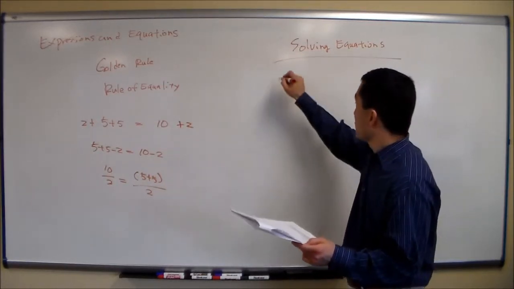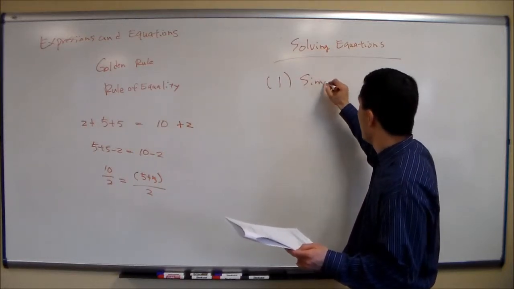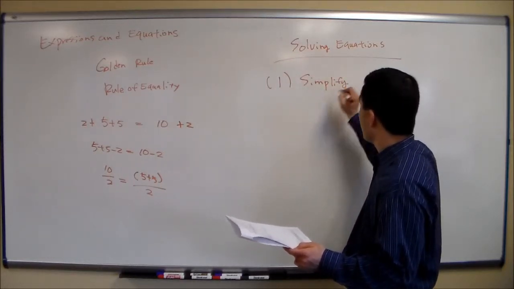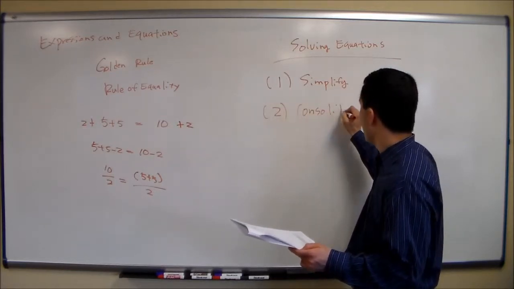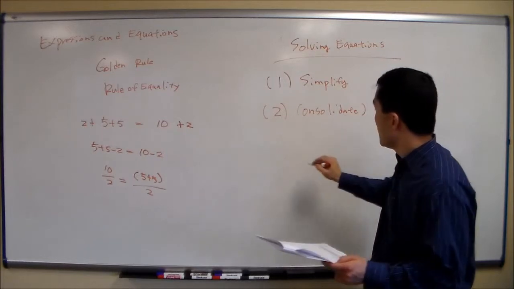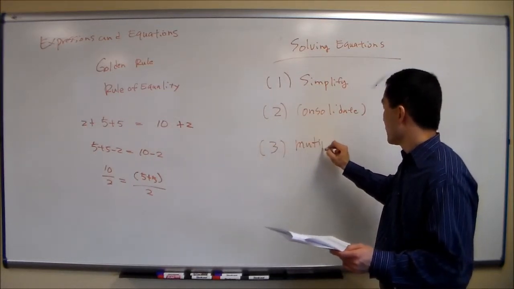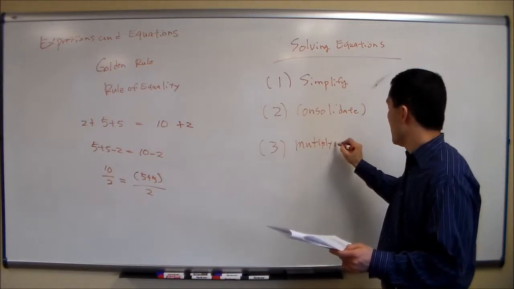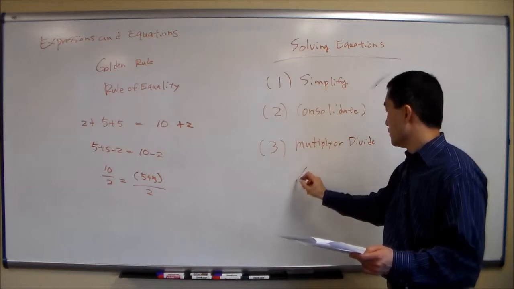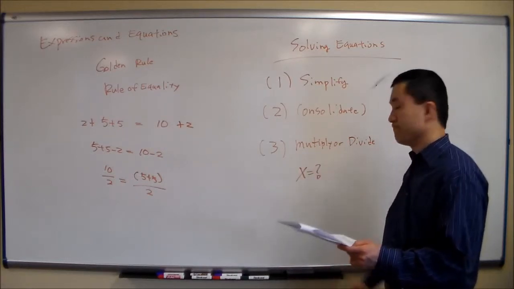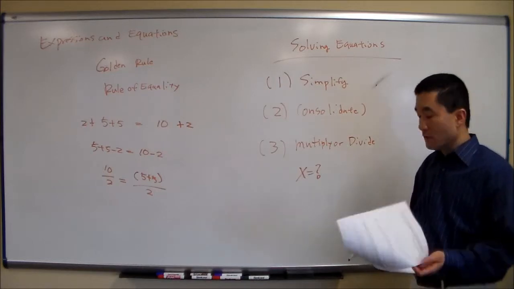At the bottom of page 5 it says, first step to solving equations is simplify. Second step is consolidate. Last step is multiply or divide to get to this point. I'll show you with an example.